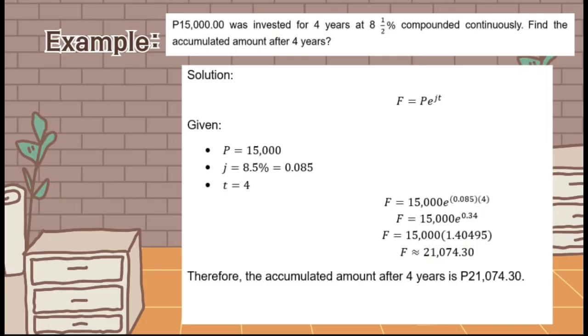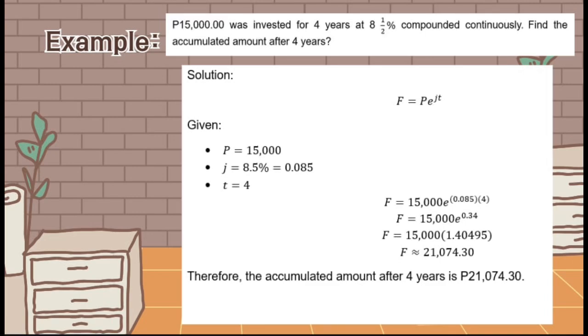So substitute the values. 15,000 e raised to 0.085 times 4. So we have 15,000 e raised to 0.34. Let us simplify this e to the power of 0.34.